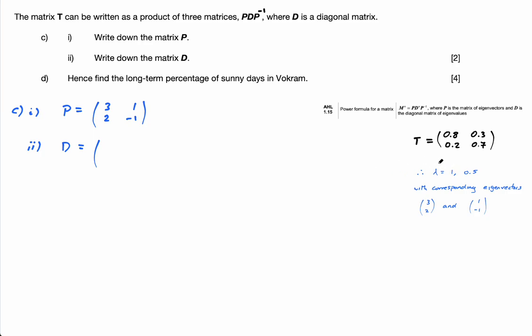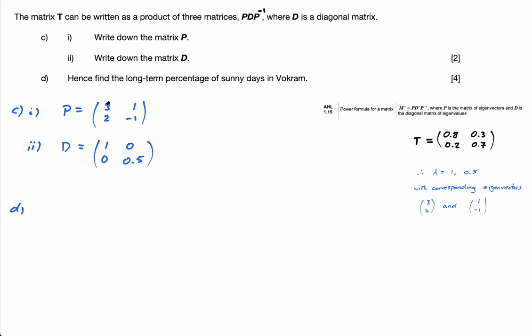So the diagonal matrix of eigenvalues will have 1, 0, because the 1 corresponds to the 3, 2. And then the 0.5 corresponds to the 1, negative 1. So I have to put 0, 0.5, because it's a diagonal matrix: one eigenvalue here, one eigenvalue here, and the two zeros. Okay, that's it. 2 marks.